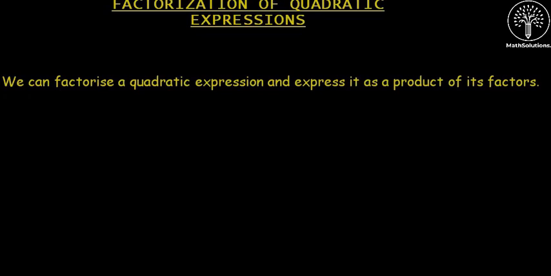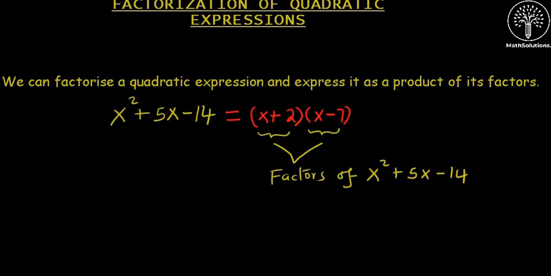Similarly, we can factorize a quadratic expression and express it as a product of its factors. For example, x squared plus 5x minus 14 can be factorized into x plus 2 into x minus 7, where x plus 2 and x minus 7 are the factors of the quadratic expression.